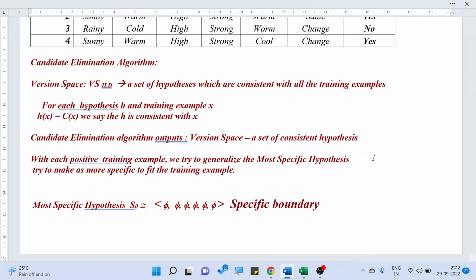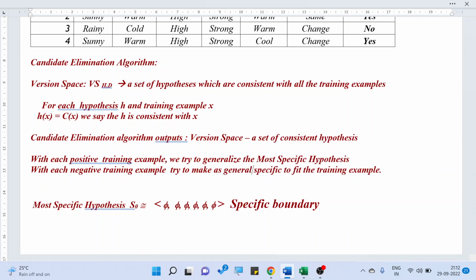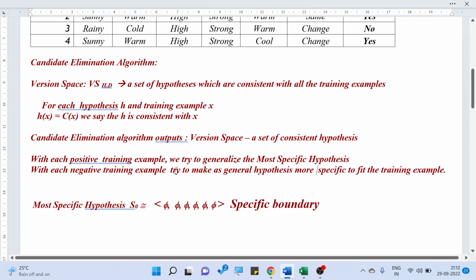Then with each negative training example we will try to make G naught, the general hypothesis, more specific, and this is one.